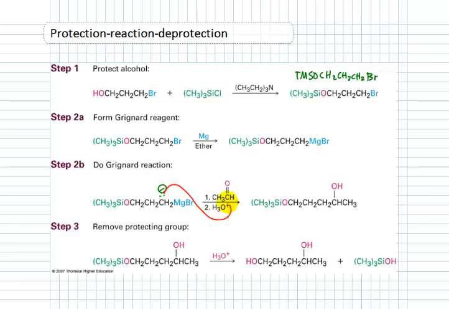The C minus would attack the carbonyl, kick the electrons up to make an alkoxide, which is protonated. So now if I want to get that alcohol back, I just react it with some aqueous acid, H3O plus on its own. Really, in fact, the acidic workup after the Grignard reaction would probably do it. That gets our alcohol back. So that lets us have an alcohol in a compound that we would normally not be able to use.